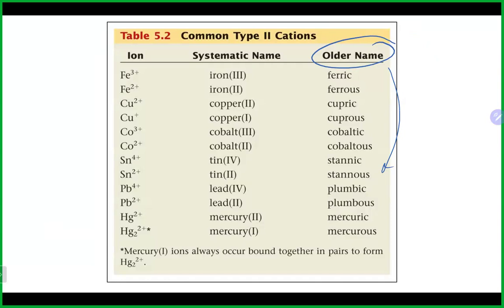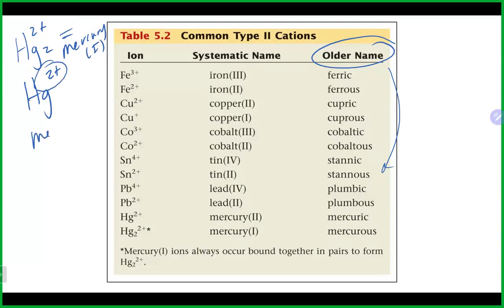The one thing I did want to mention is mercury, which is an oddity. This is mercury plus 2. That is mercury plus 2. The first one, oddly, with all the 2s, is mercury 1. Yeah, so that has mercury 1 there. The one with only one 2 is mercury 2.